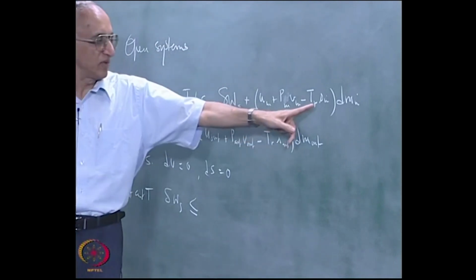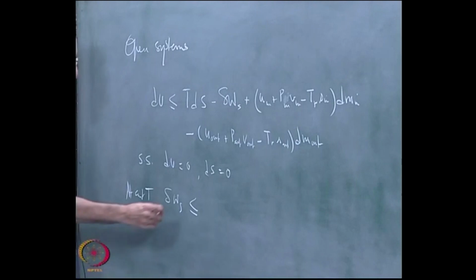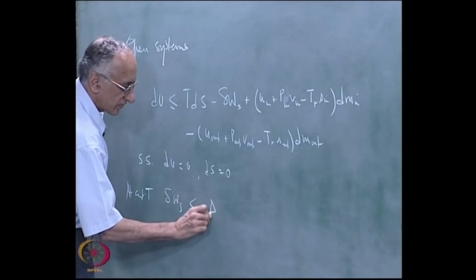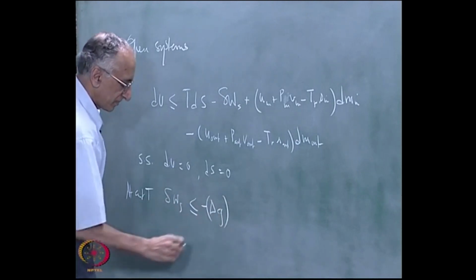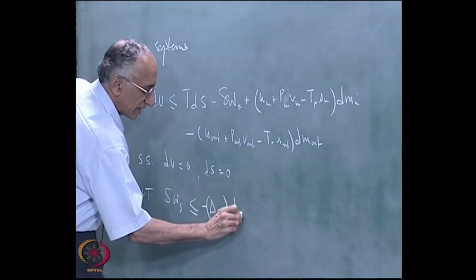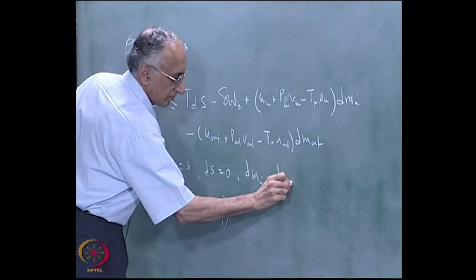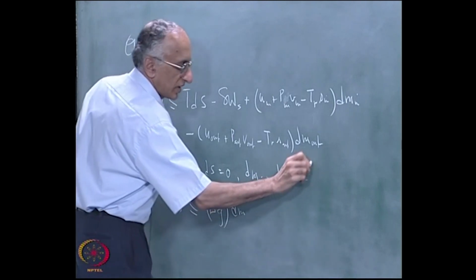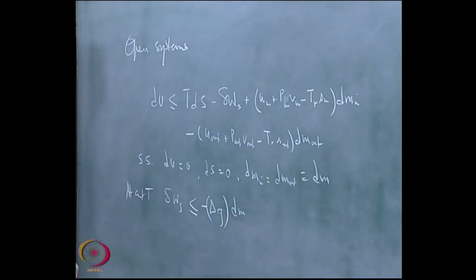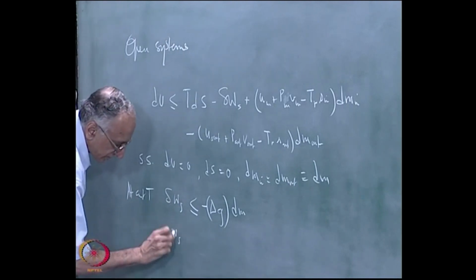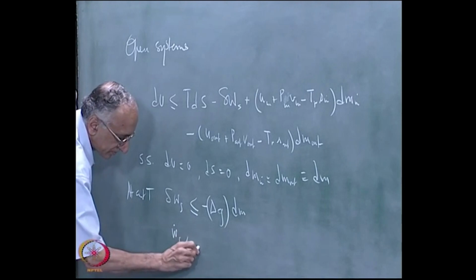So u plus Pv minus Ts is g. So you will get minus of delta g, and this becomes dm. Just call it dm, or we write this as Ws dot by m dot.